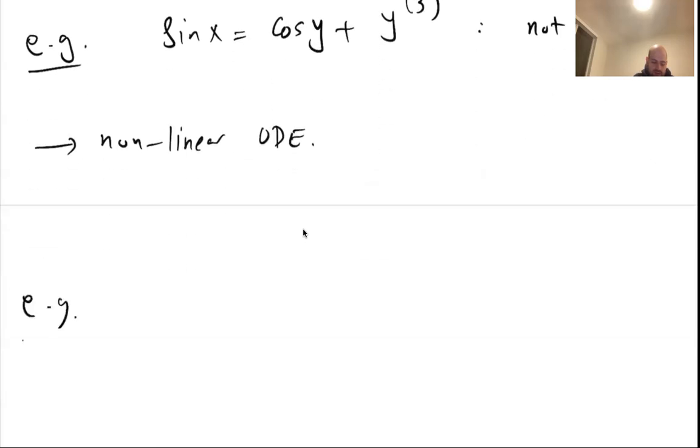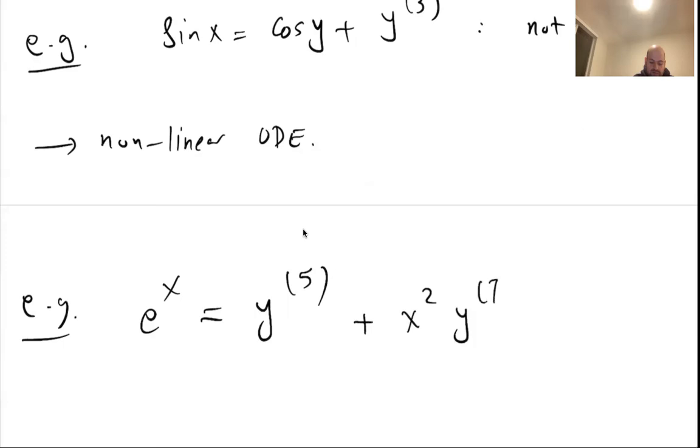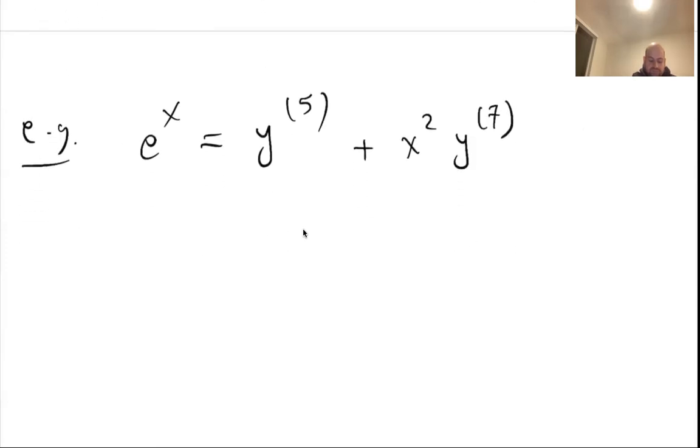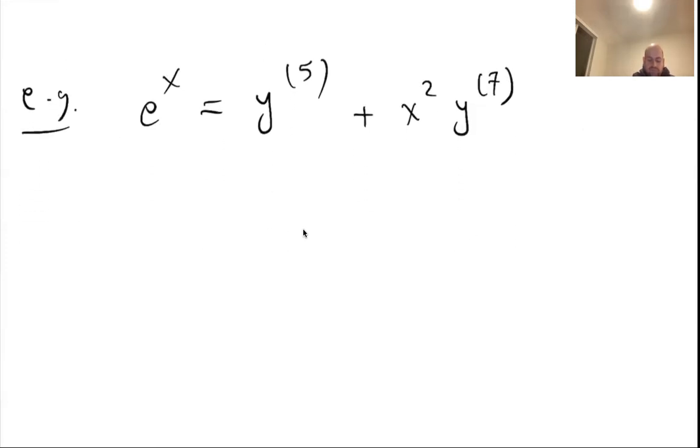And another example, let's say e to the power x equals y fifth derivative plus x squared y seventh derivative. Is this linear?